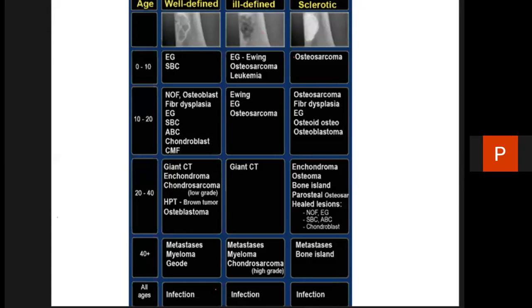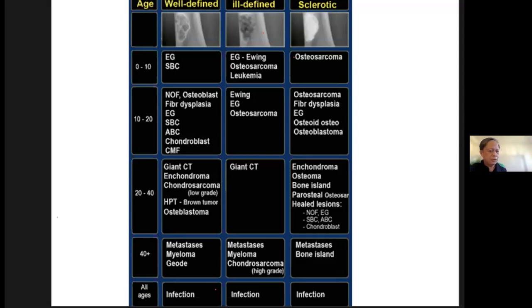One feature of osteoblastoma is the presence of sclerosis. Usually, aneurysmal bone cysts do not show any sclerosis, but the ballooning or expansile change is very obvious, which may not be very obvious in osteoblastoma.